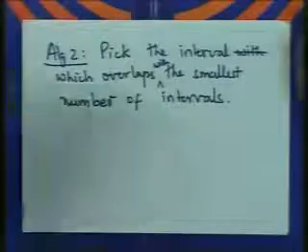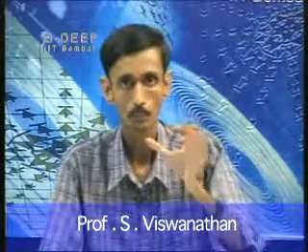So when I pick this interval, I throw away the smallest number of intervals, right? I pick an interval, I throw away the smallest number of intervals, and now I recurse. Once I pick an interval, every interval that overlaps with this interval I am not going to pick. So I throw those away and I recurse.